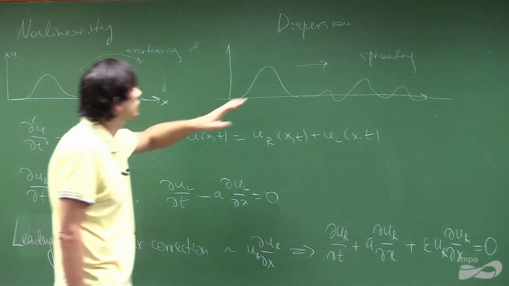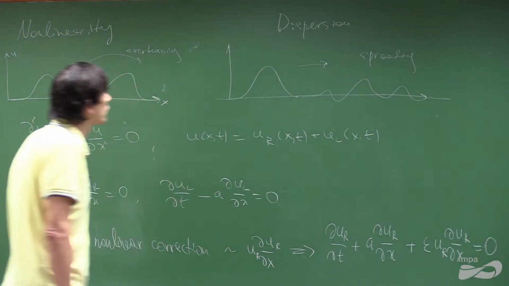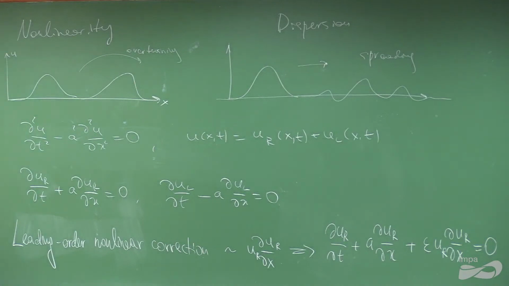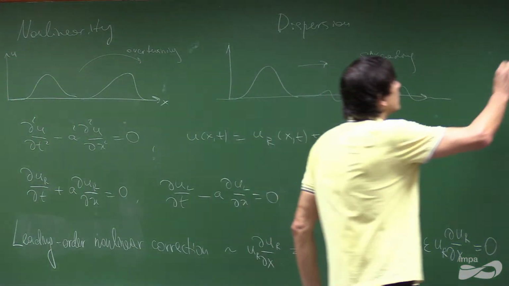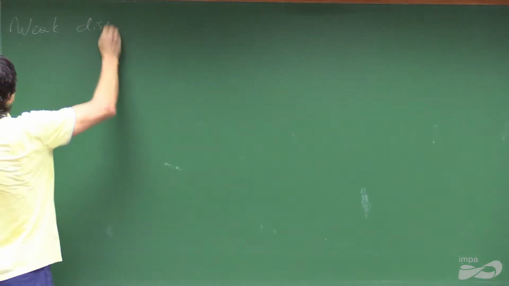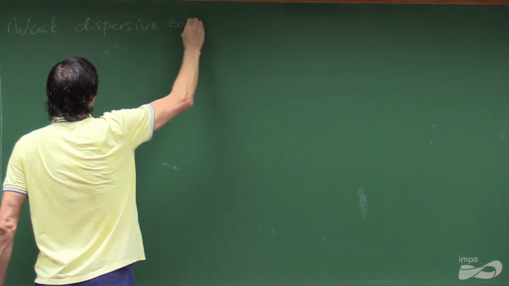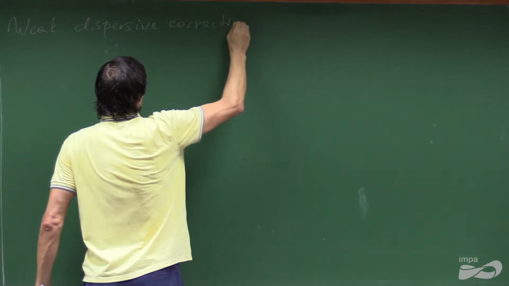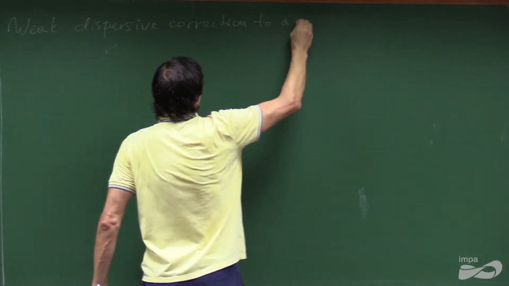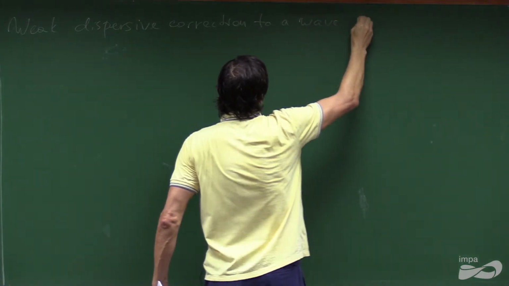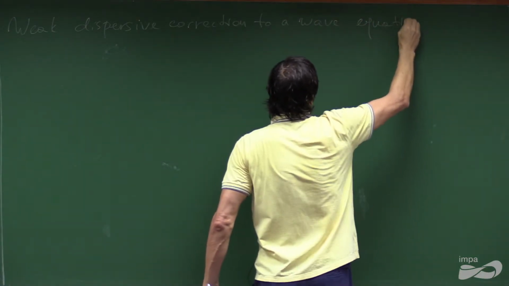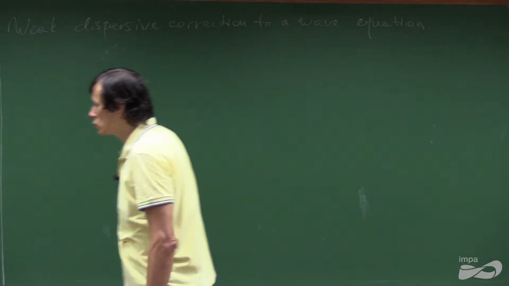So now dispersion. We did not consider weak dispersion. We considered dispersion in completely general form last time. So now we have to say what is weak dispersive correction to a wave equation. So how do you derive it?